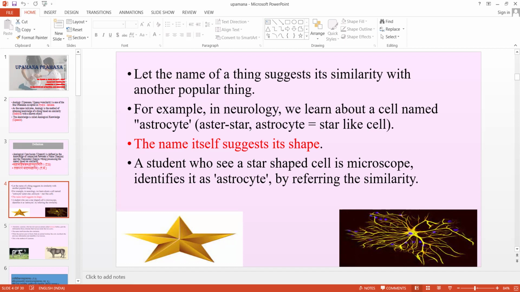The forest guard says that Gavaya looks like Go, cow. During my walking I saw an animal that looks like a cow, but not exactly a cow. At that time I get the knowledge: this may be Gavaya.